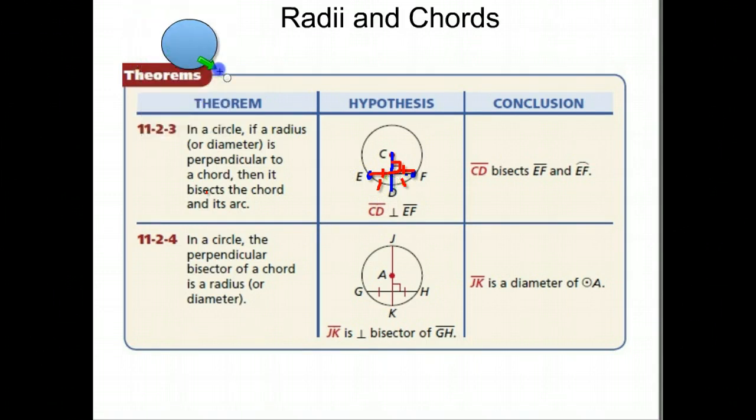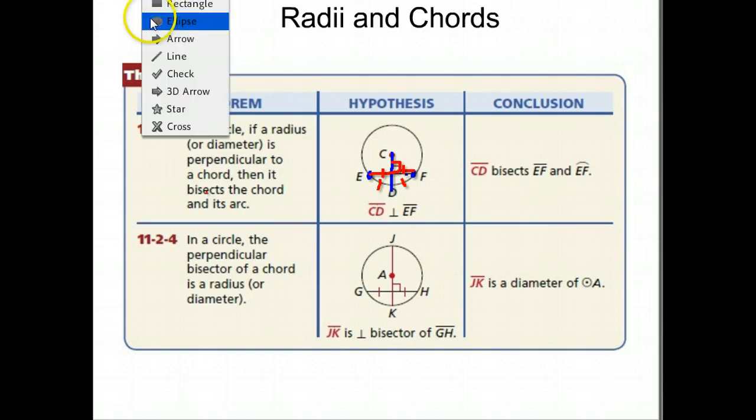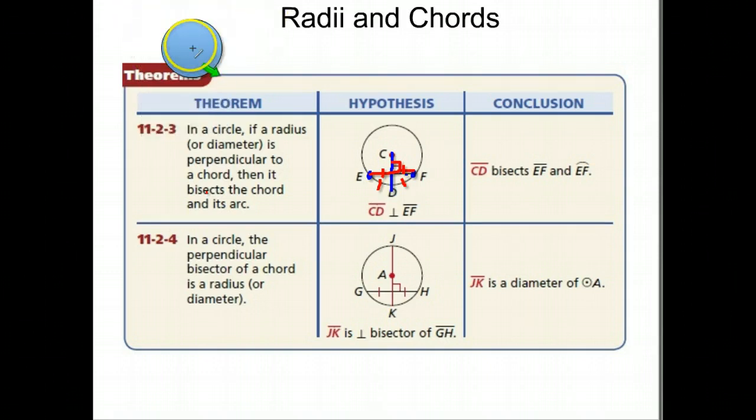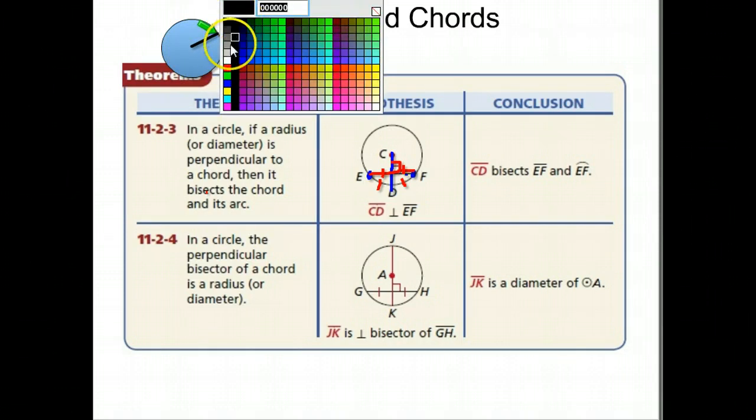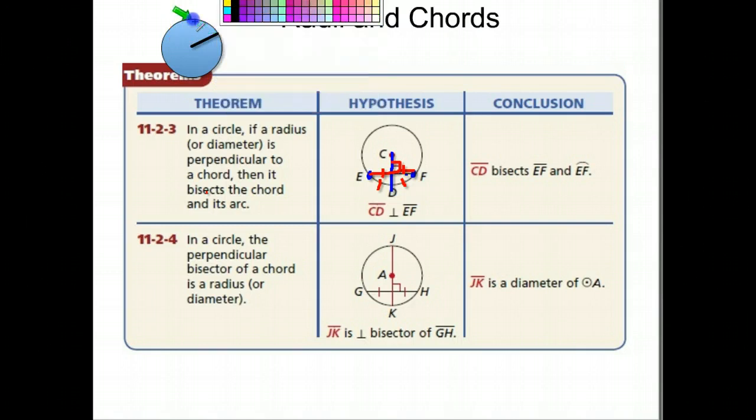So to draw it separately, what they're saying is if I had a circle like this, and I have my line tool, I have a radius, and not only do I have a radius, but I have a chord that happens to be perpendicular to that radius. There's my chord, and let's say that they form a right angle.